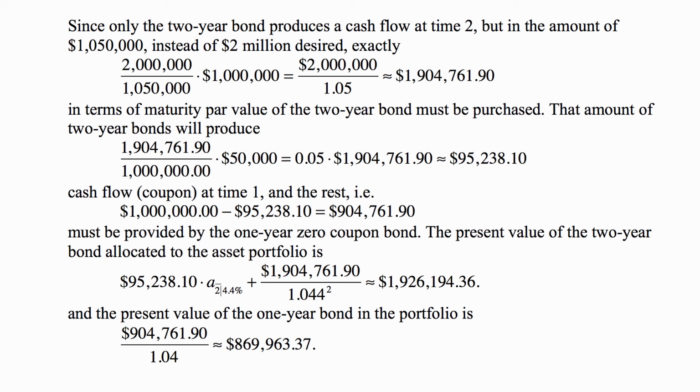So this is just the regular formula calculation of the price of a bond. And that represents a present value of 1,926,194.36. And the present value of the 1-year bond in the portfolio is the amount needed, which is 904,761.90, paid at time 1, so we need to bring it to time 0 for the current price, discounted at the yield applicable to that bond, which is 4%, and we get 869,963.37.